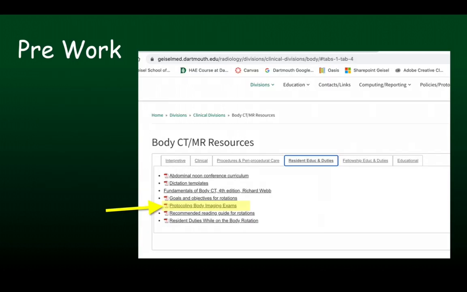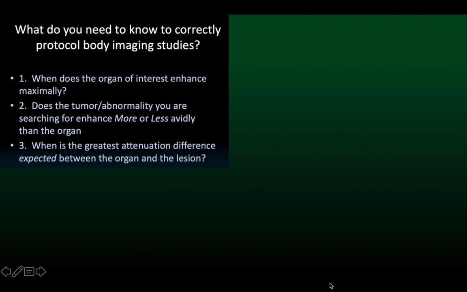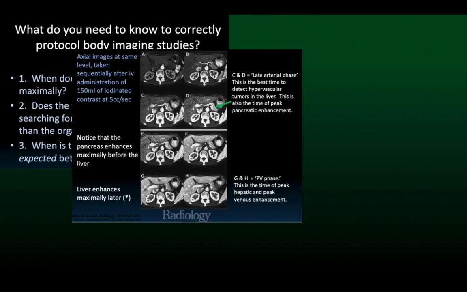Residents won't inherently be able to start protocoling unless they have some background knowledge. So they'll have to have some kind of pre-work. I'm a body imager, and in our section we created an online tutorial for how to protocol body imaging examinations. This gives them the background they need in order to protocol studies correctly. There's information about different timing of contrast enhancement and what the organs look like after IV contrast is given.